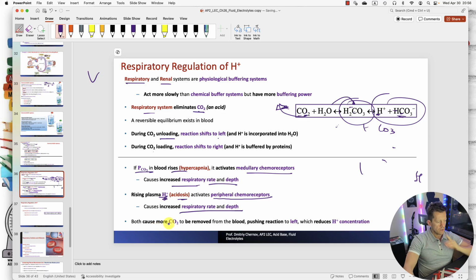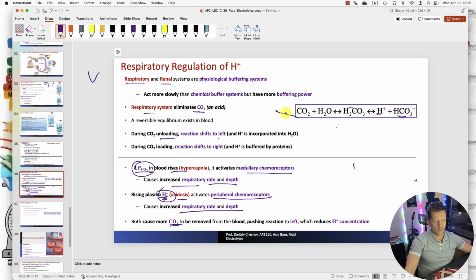Both hydrogen and partial carbon dioxide cause more carbon dioxide to be removed, right?